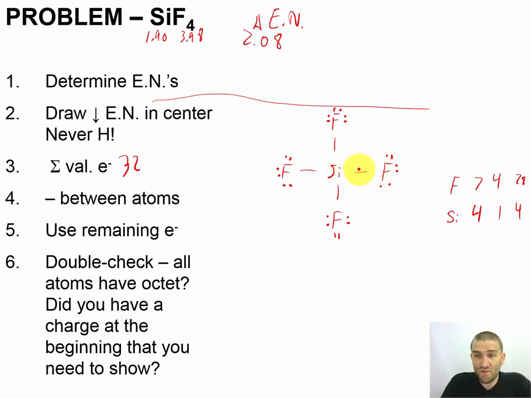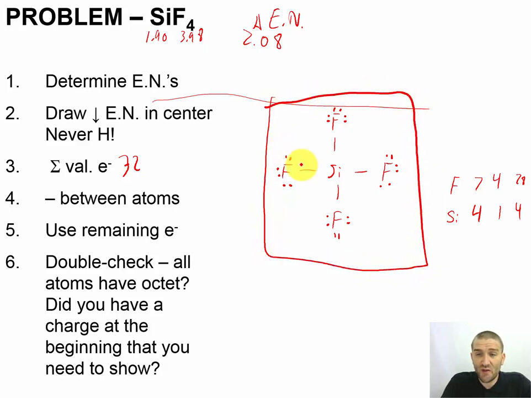Silicon has 2, 4, 6, 8. Everything has an octet, so things are looking good here. I don't have any charges on this one, so this would be my final structure for it as far as the loose structure goes. Now remember, this is flat land. We do not yet have this drawn as a 3-dimensional molecule.